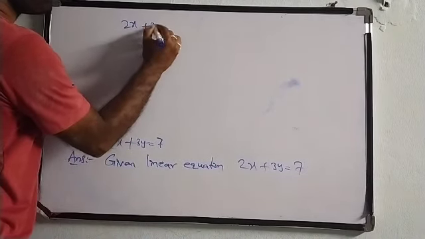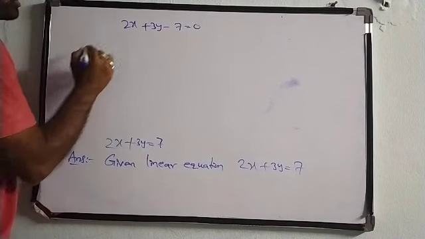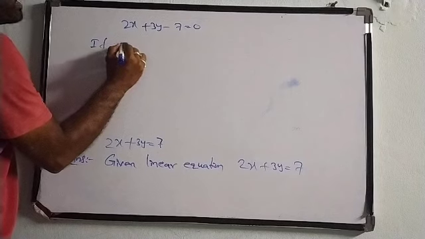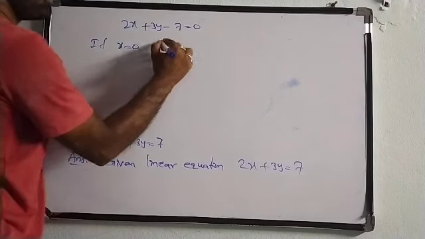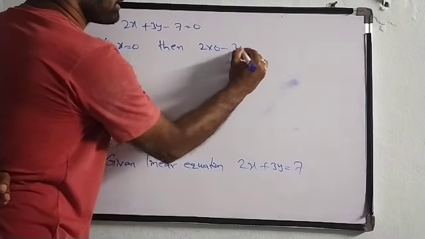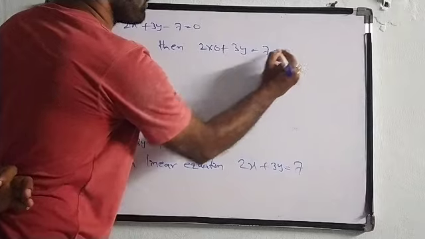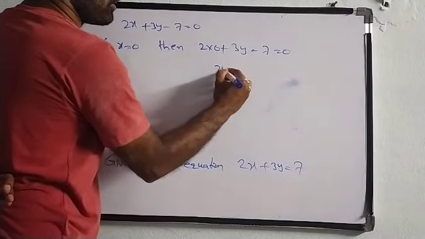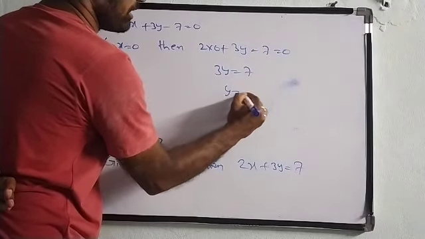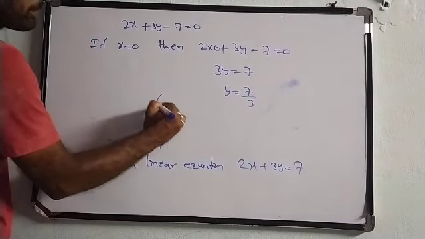It will be 2x plus 3y minus 7 equals to 0. I need to find out two solutions. If I assume x is equals to 0 and substitute, then 2 into 0 plus 3y minus 7 equals to 0. So 3y equals to 7, so y will be 7 by 3. So I got one solution which is 0 comma 7 by 3.